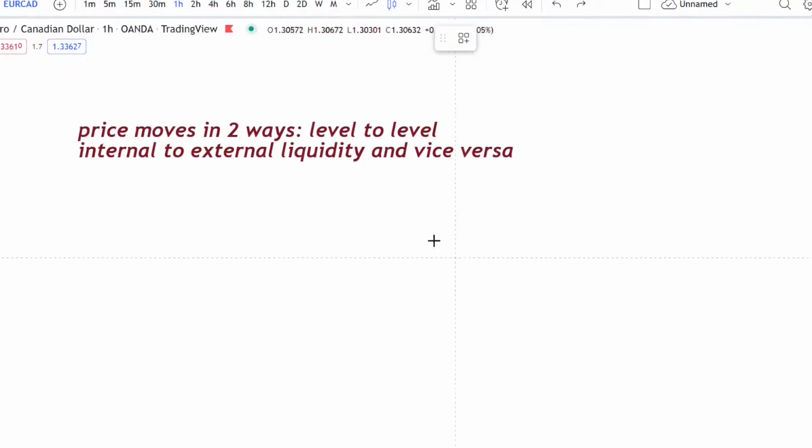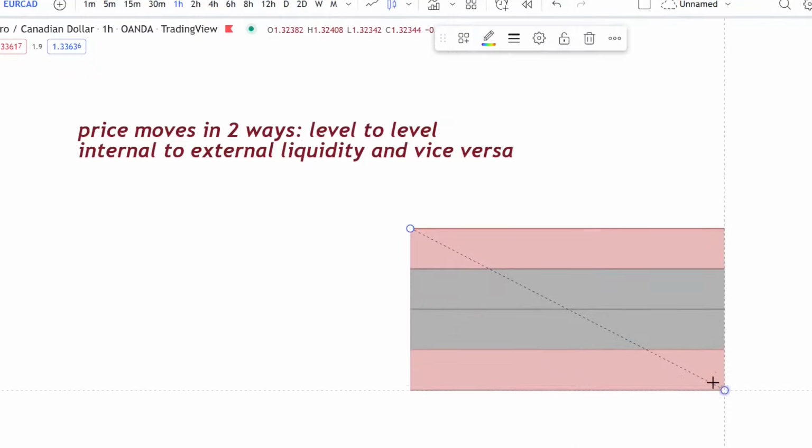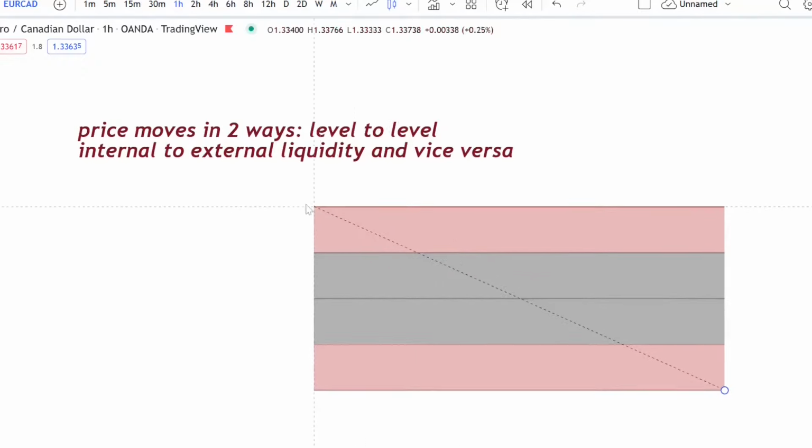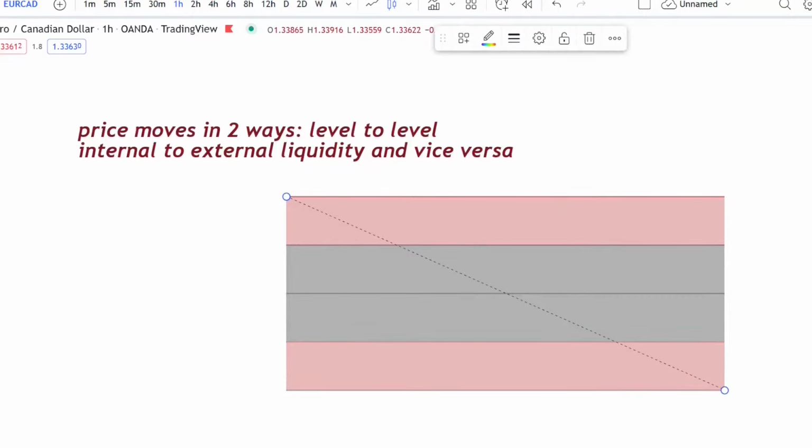Let's say you have a bullish trend. So price is bullish.